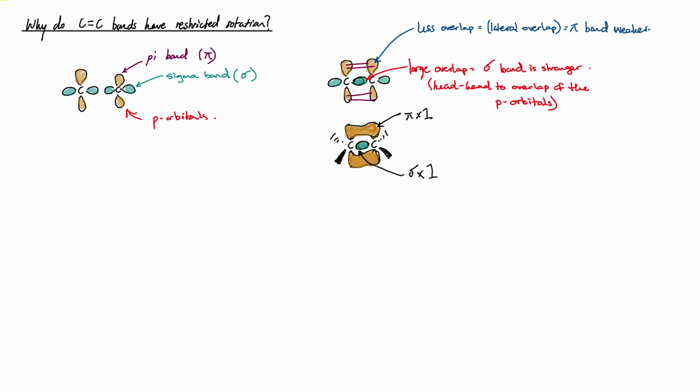But what does this mean for these type of molecules? Well, one gives restricted rotation, so this pi bond causes restricted rotation.